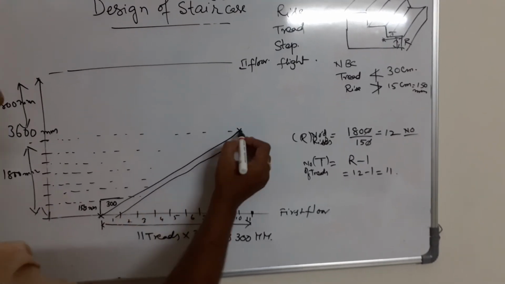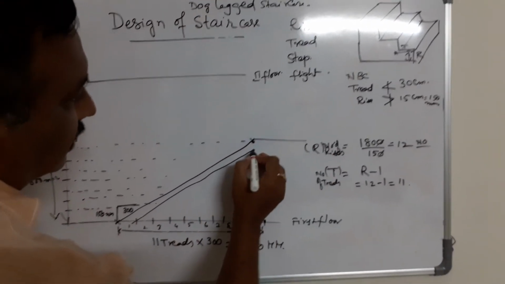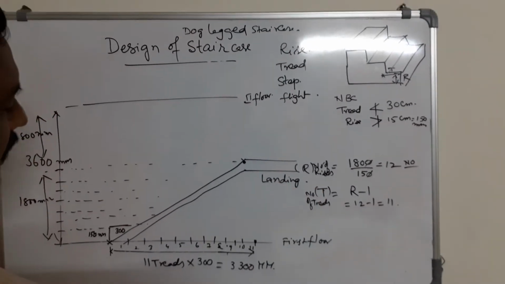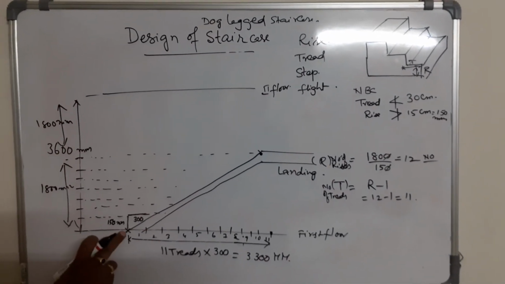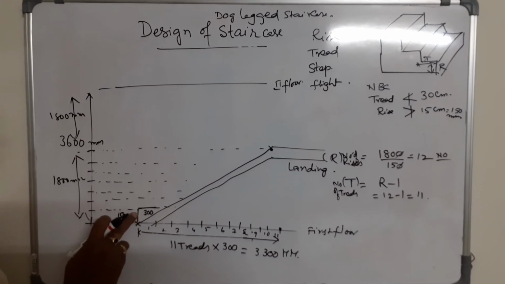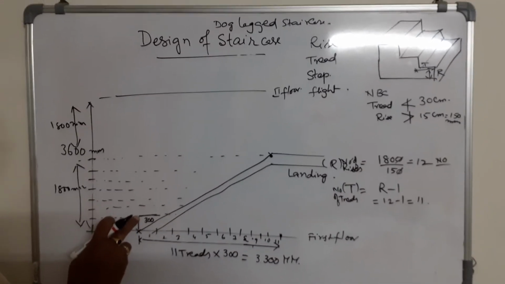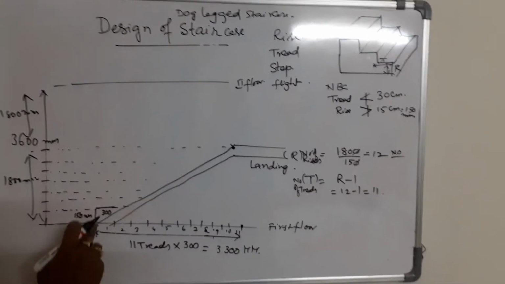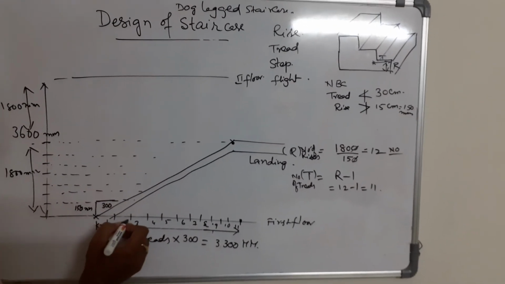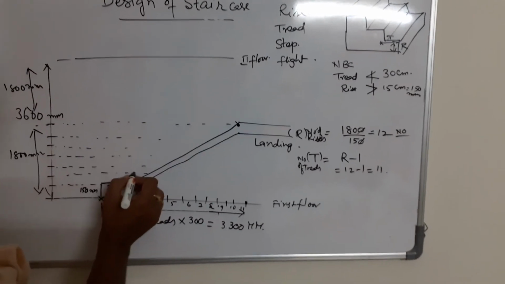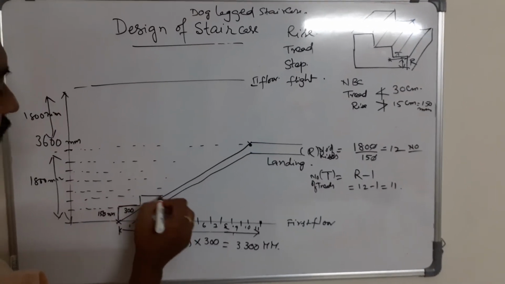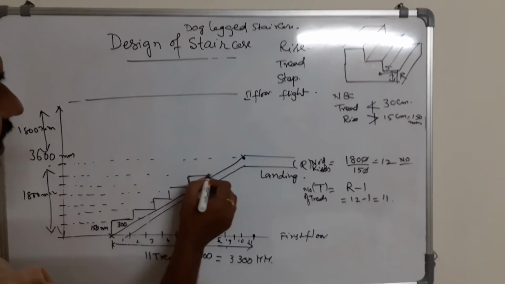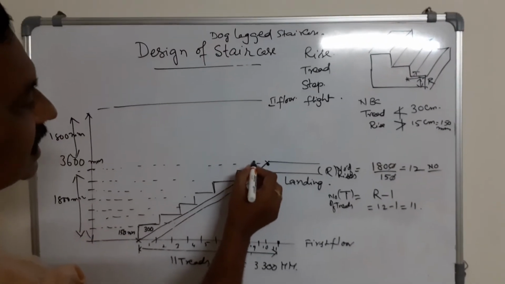Here this is called the landing. 150 mm is the vertical height, which is called the rise, and 300 mm is the horizontal tread. I'm going to connect like this: rise, tread, rise, tread, rise and tread.